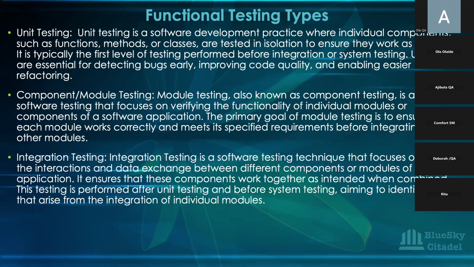Another example is a function or method to create a user. If we do unit testing on that method, we need to ensure that it can produce the correct output. If I enter my user as Ola, do I get Ola as a new user in the database?